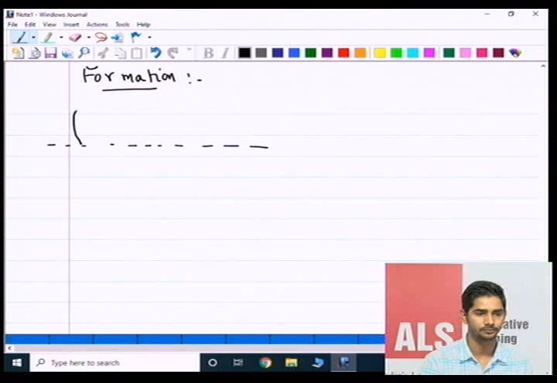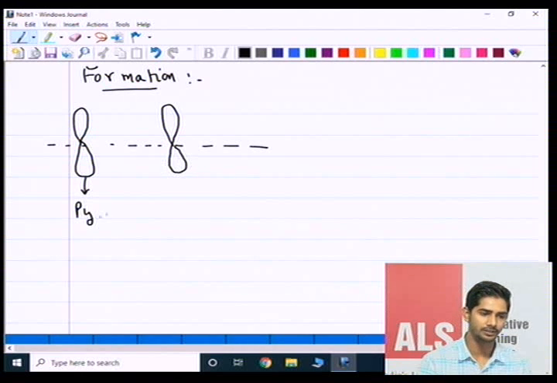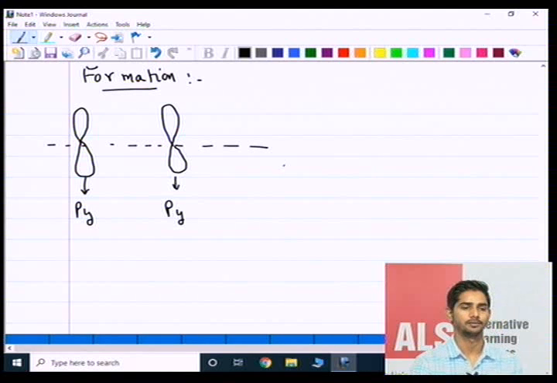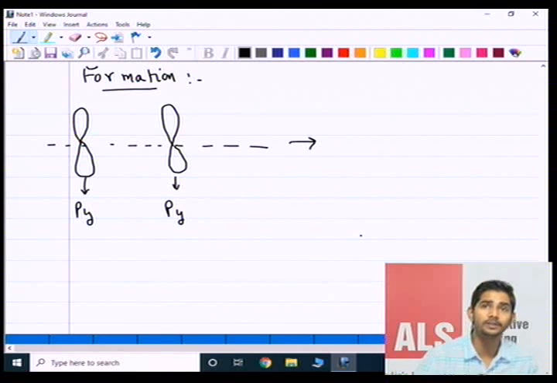See, this is a p orbital, another p orbital. This is parallel to the y-axis. And this is also parallel to the y-axis. So when they overlap with each other, they will form the pi bond.